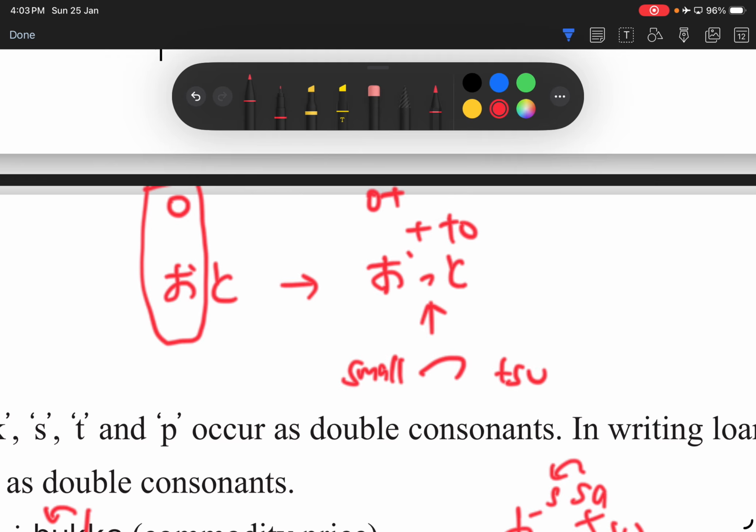This is the O sound. This is the OT sound, because of the small tsu. So o, to. This small T sound is the OT sound.